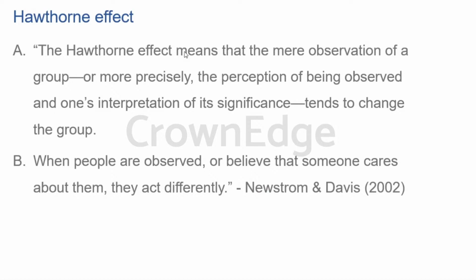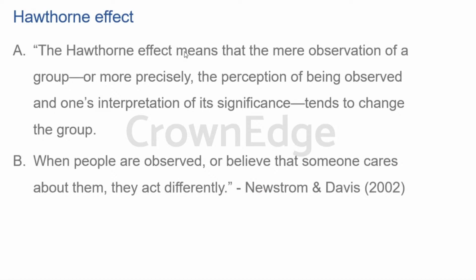Hawthorne effect is an effect that creeps into a randomized control trial. Meaning, suppose you are observing a group, and the patient knows that if he gives a particular type of answer, you will be impressed.